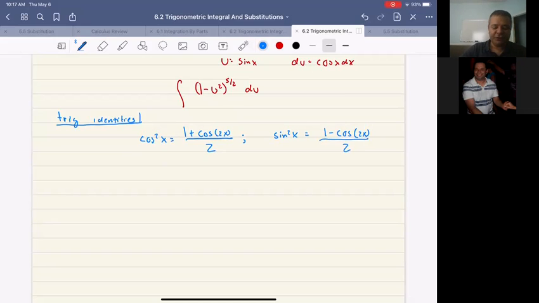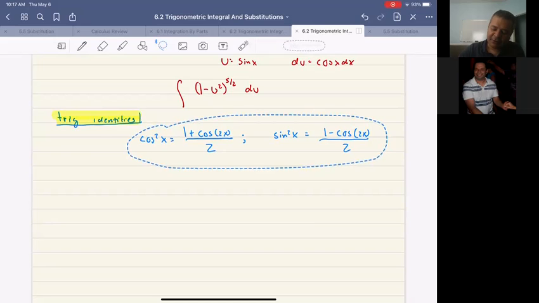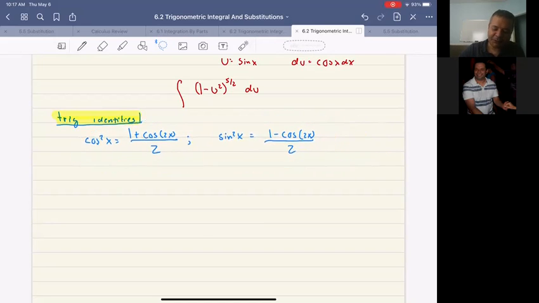These trig identities are sort of the next ones that I'm going to insist on students memorizing. I just need to know those.